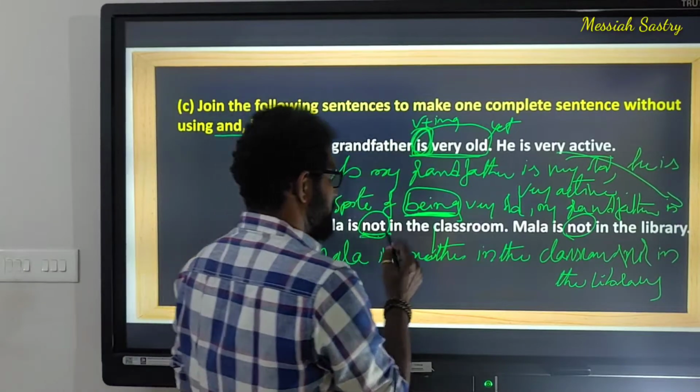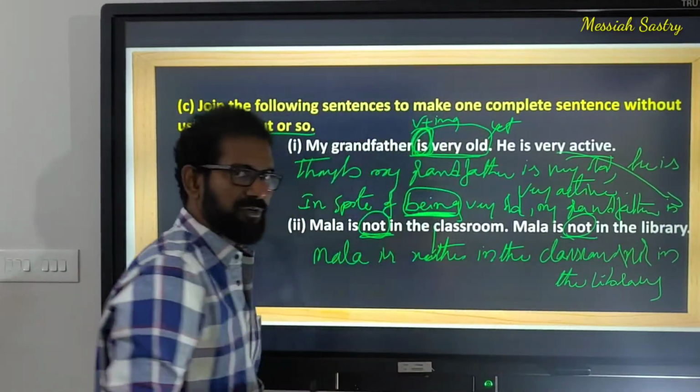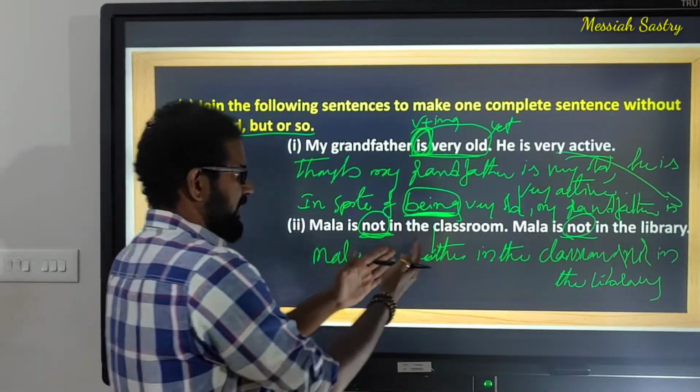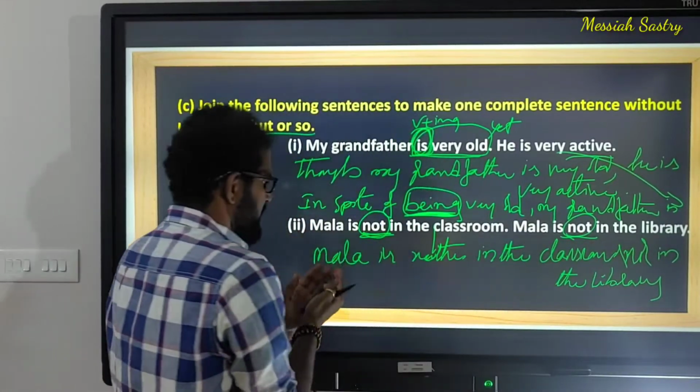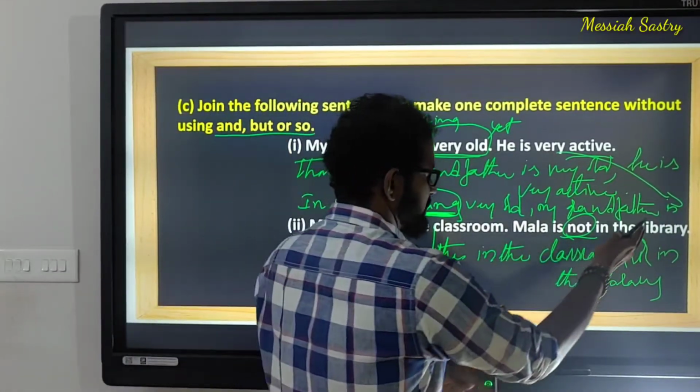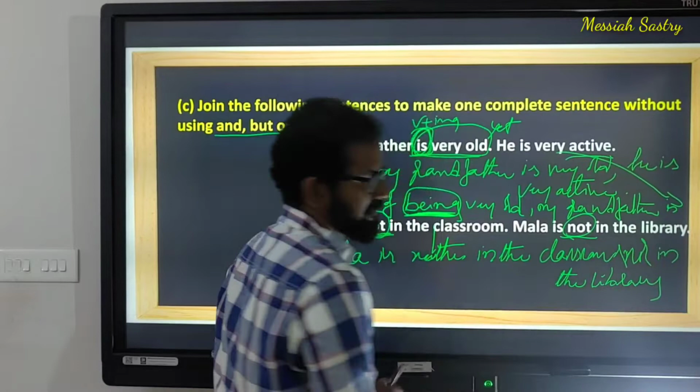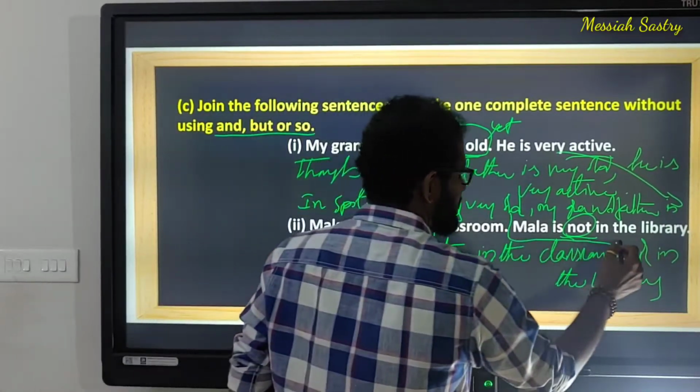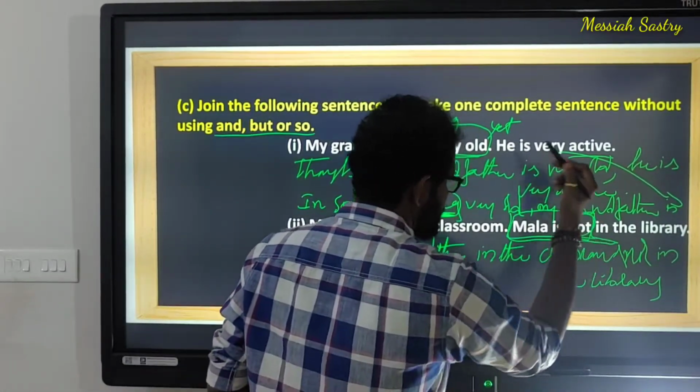When there is not, then we use correlative conjunction neither nor. Mala is neither in the classroom nor in the library. This is common thing, so we don't use Mala is not necessary.